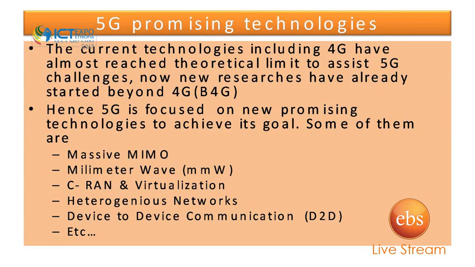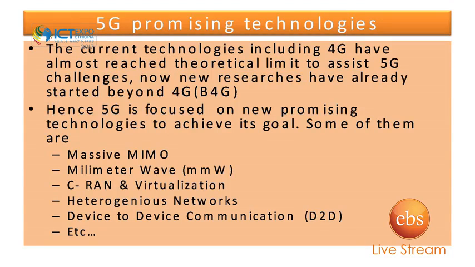New research has already started beyond 4G. So 5G is focused on new promising technologies to achieve its goal. Some of them I'm listing over here because my focus is on these. Massive MIMO, millimeter wave, CRAN and virtualization, heterogeneous networks, device-to-device communication, etc. are the promising technologies for 5G.